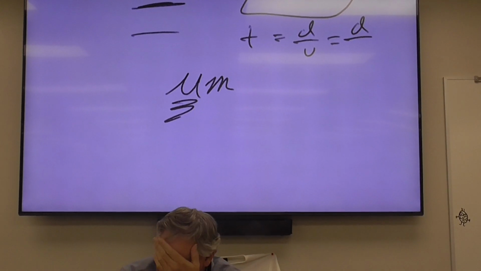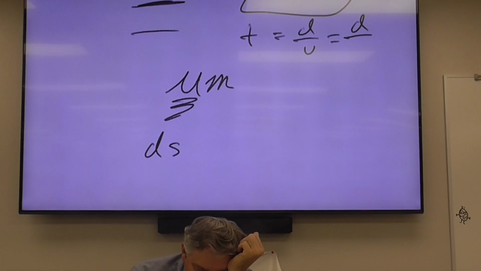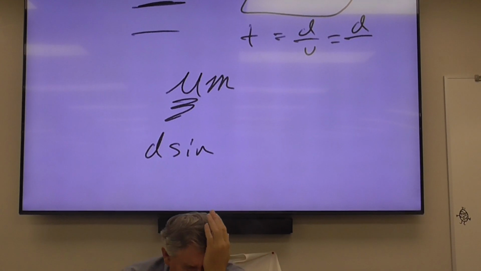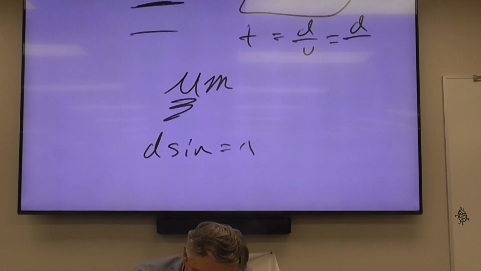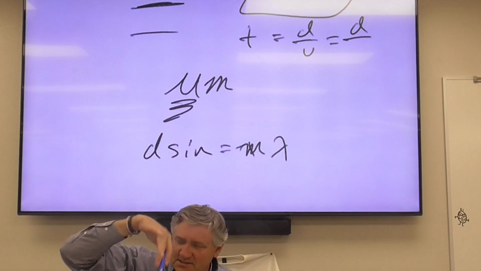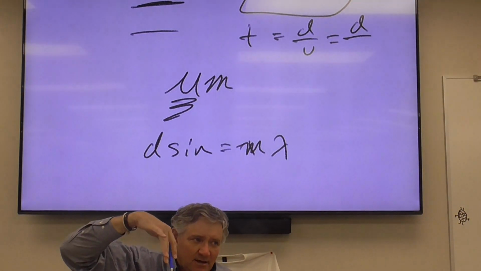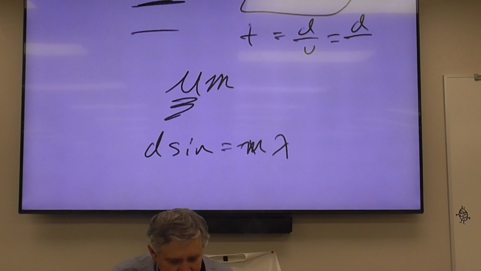And this is what gets weird with how they change the equations. This is why you kind of need to combine a couple of these. So you have d sine theta equals m lambda. Your book has this as uppercase D. Every other one I've ever seen in the world has it as lowercase d. I don't know why they got weird.